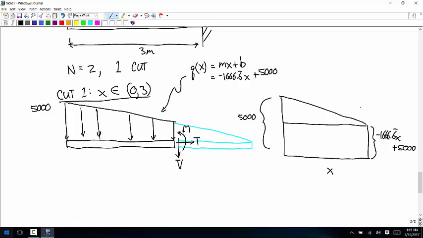Now we can use that to calculate the height of the triangle. What's the height of the triangle? Right. Exactly. 5,000 minus quantity negative 1666x plus 5,000 just gives positive 1666.6 repeating times x.